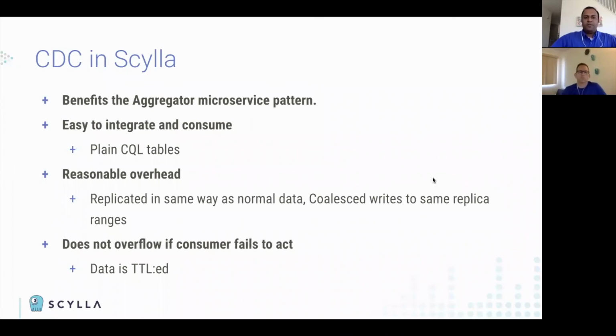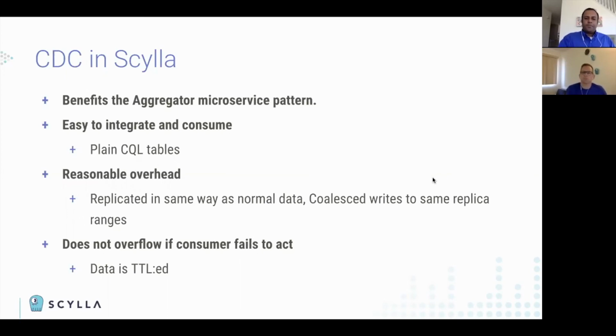The benefits of the aggregator microservice pattern using CDC in Scylla are tremendous, and it's easy to integrate and consume with plain SQL tables being available. There is reasonable overhead, but since CDC data is replicated in the same way as the base table data, the writes to the same replica ranges go to the same shard and are combined together. So there are significant performance benefits because of that.